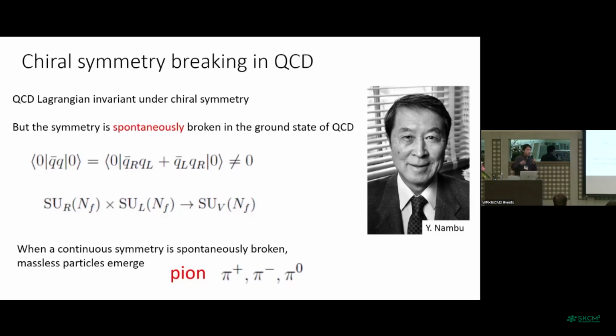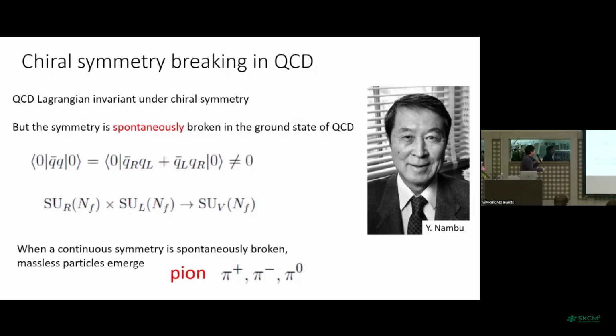The Lagrangian is symmetric even at the quantum level, but the symmetry is spontaneously broken at the level of the ground state. So there is this pattern of symmetry breaking: SU(N) cross SU(N) breaks down to the diagonal SU(N) of quarks. This is the famous chiral symmetry breaking.